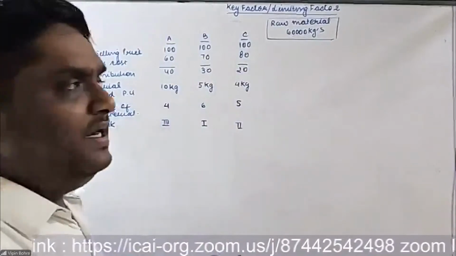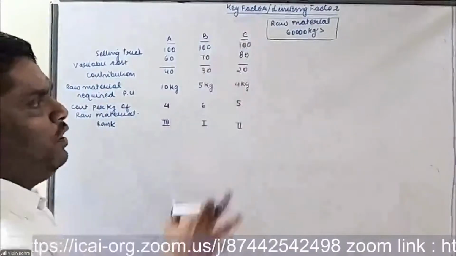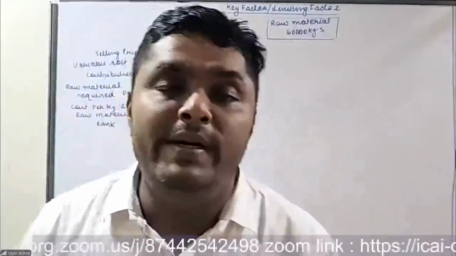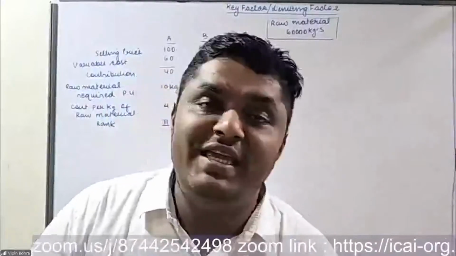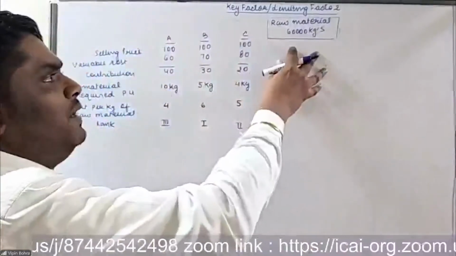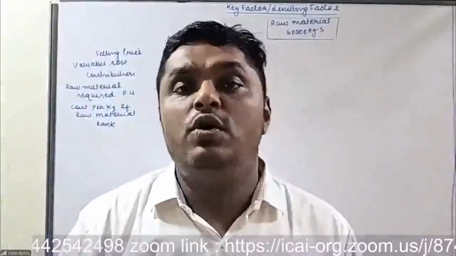If you guys have any doubts in this part, please post your query. When talking about key factor, what is key factor? वो रिसोर्स जो हमारे पास बहुत लिमिटेड अवेलेबल है, that is known as the key factor. Since here in this case, my raw material is my key factor, the entire decision will be based on raw material.